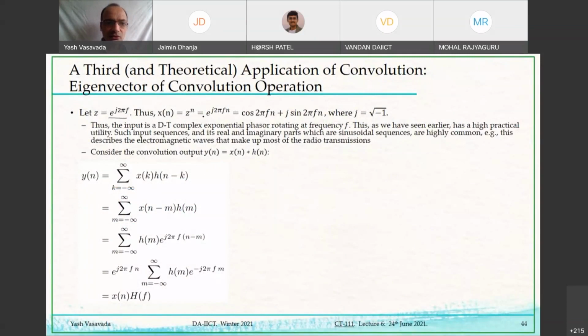So x of n became e to the power j 2 pi fn. Z is this term, and so z to the power n is e to the power j 2 pi fn. But this is something that hopefully you remember from our earlier lectures. This is nothing but the discrete time complex exponential phasor.